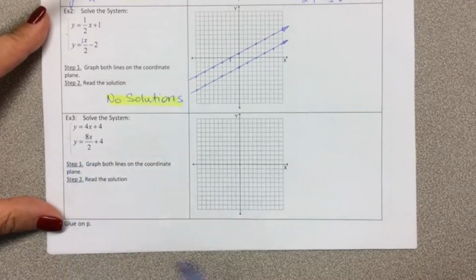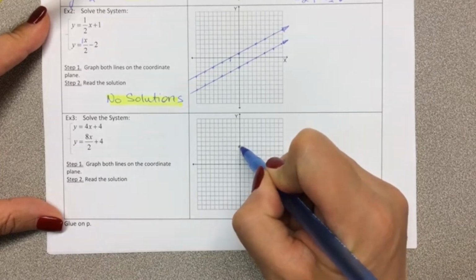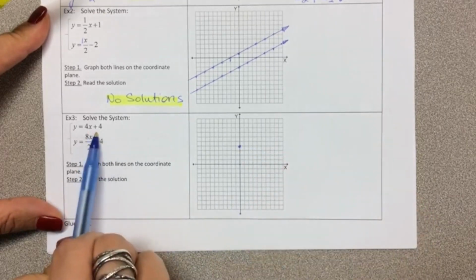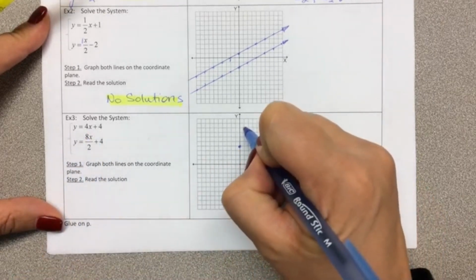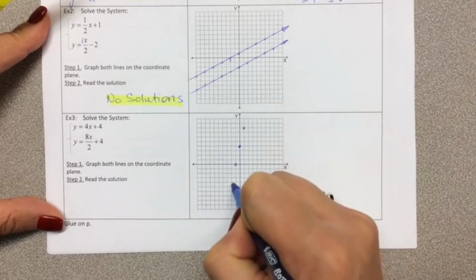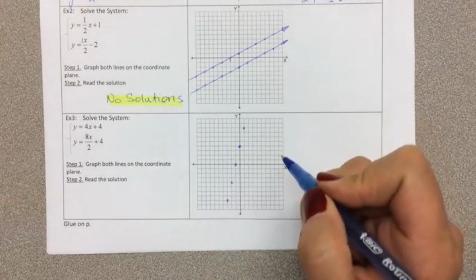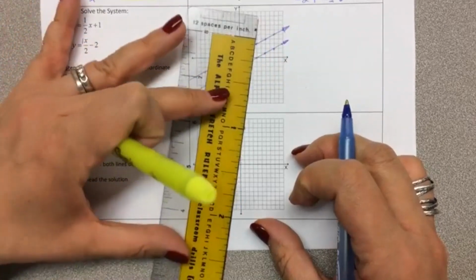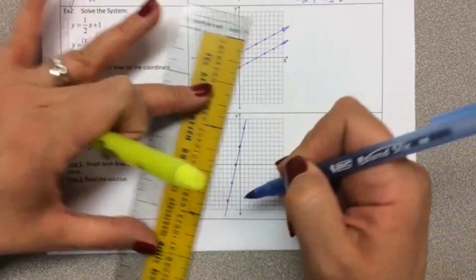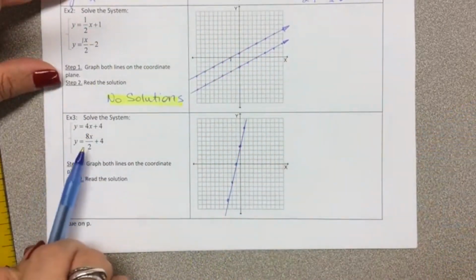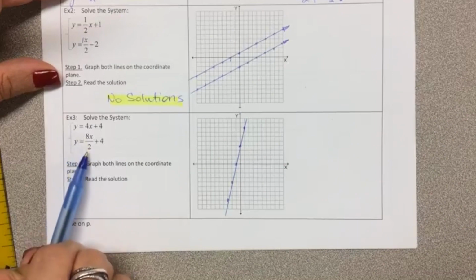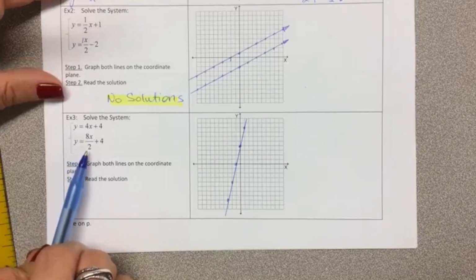y equals 4x plus 4. So we have a line going through 4 with the slope 4 by 1, so 4 by 1 upward. And in the second equation, the equation has the slope 8 by 2, but 8 by 2 simplifies to 4 by 1 as well.